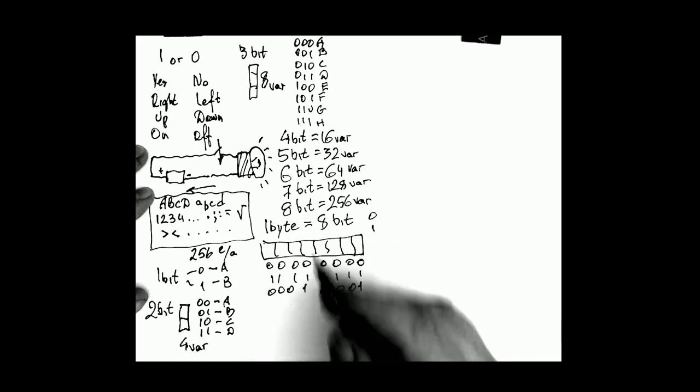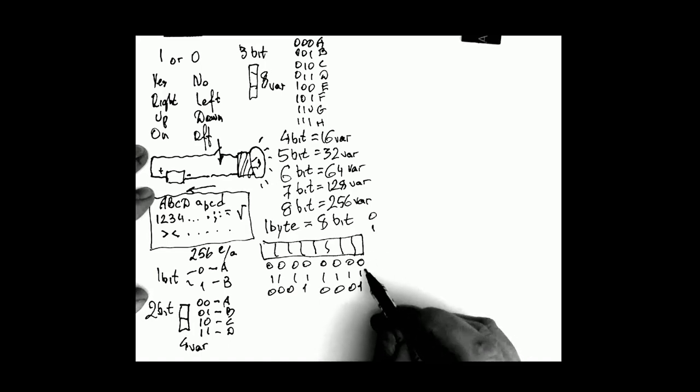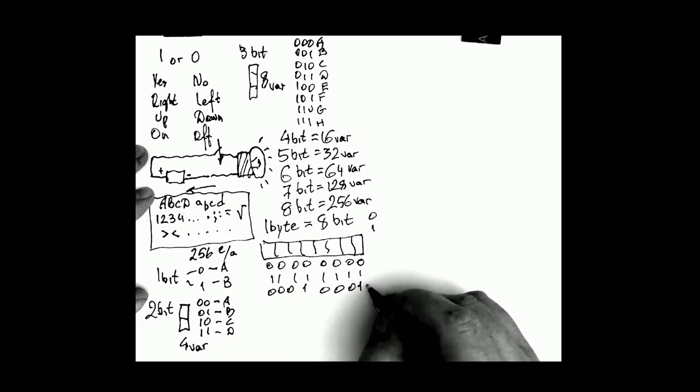If I take some zeros, some ones, that will be another byte. So let's see like this: 00010001. And this is a byte. So total number of different bytes is 256. But folks, every single line of this code of 1 byte variation will belong to a certain letter.